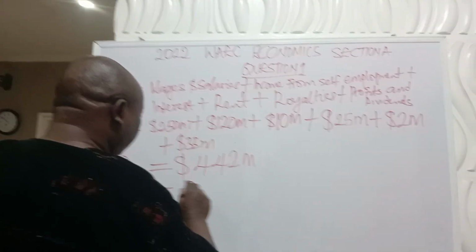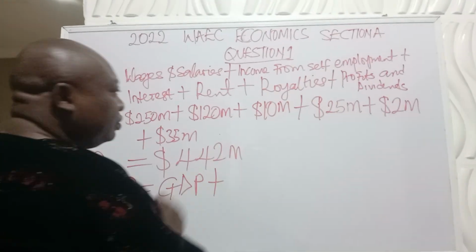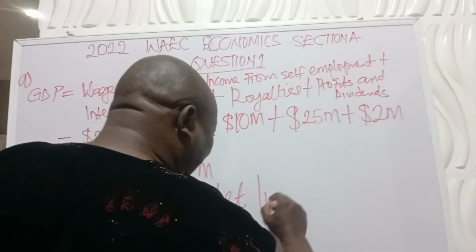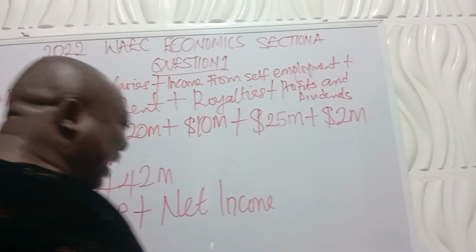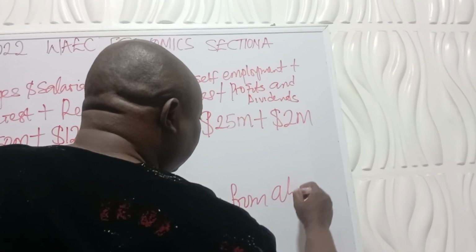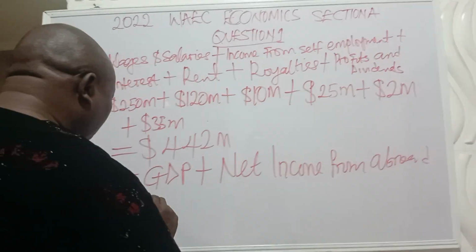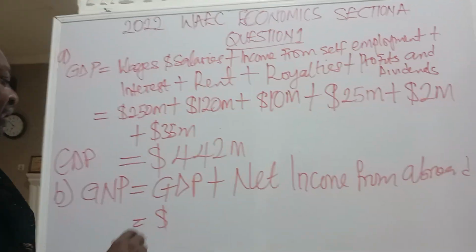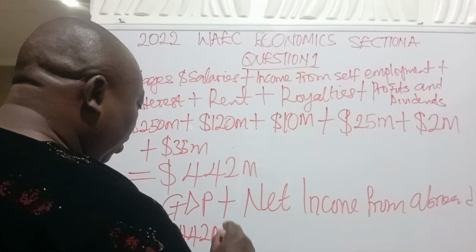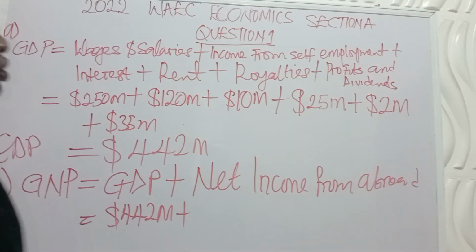The formula is gross domestic product plus net income from abroad. In this question we've already gotten our gross domestic product, which is 442 million.